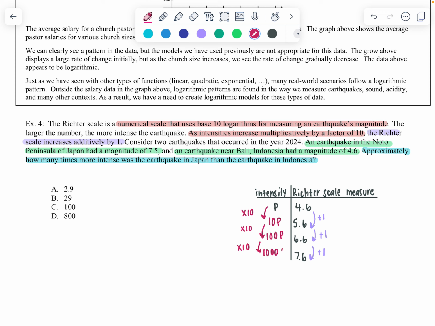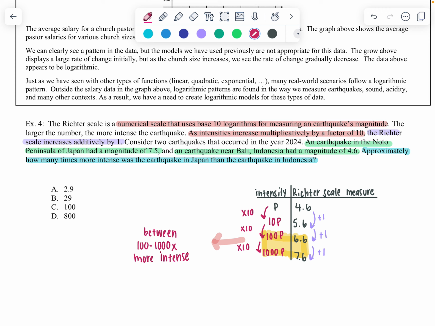But if we look, 7.5 is a little less than 7.6. So looking here, this is saying between 100 to 1,000 times more intense.